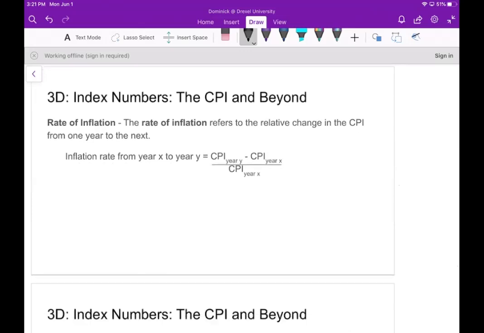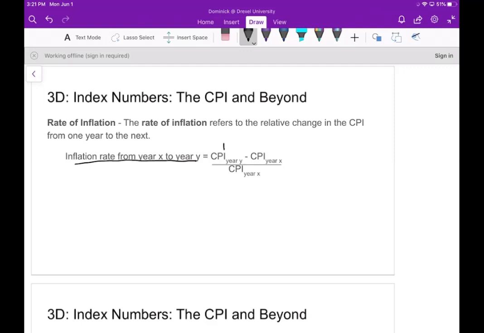Okay. Now I mentioned a little bit about the rate of inflation, and we can calculate that using our CPIs. If I want to find the inflation rate from year X to year Y, we're basically finding a percentage change of the CPIs between the two years.